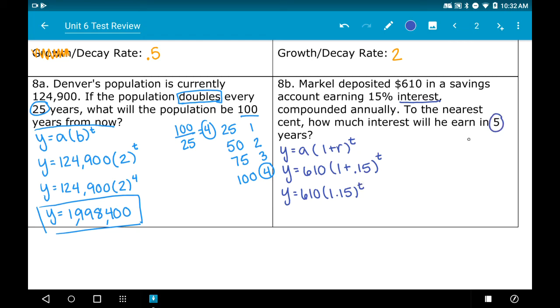And it wants to know how much you would earn after 5 years. So y equals 610 times 1.15 to the power of 5.